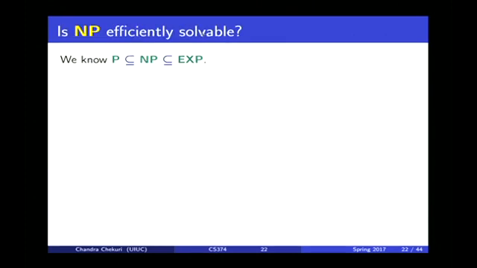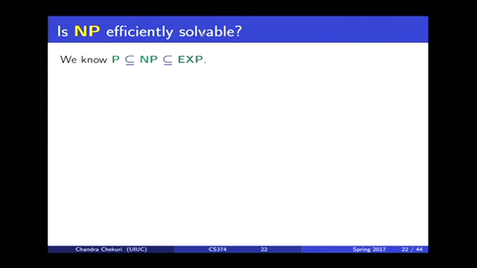So what do we know? We have this interesting class of problems called NP. All of P is in NP, that means all efficiently solvable problems are in NP, and NP is in exponential time. For practical purposes and as theoreticians, we would like to know what the truth is.